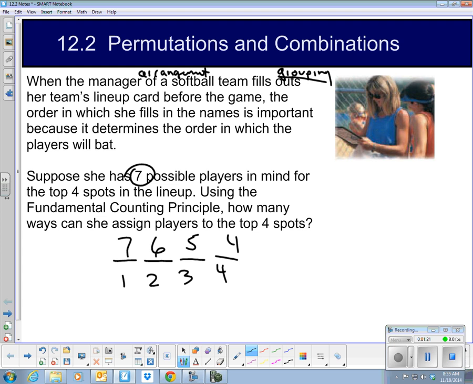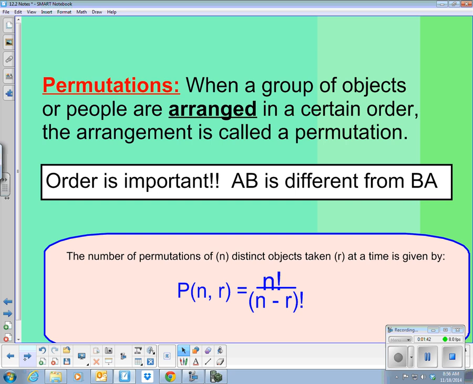So the number of possible ways is 7 times 6 times 5 times 4. It's almost a factorial, but it's only the top half of 7 factorial. That gives me 840. So that's 840 different possible arrangements.